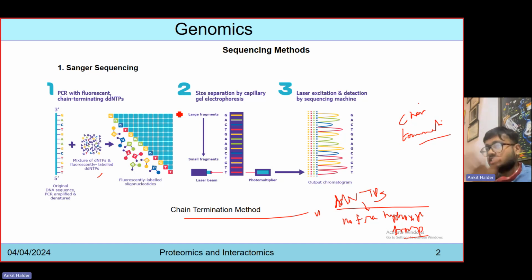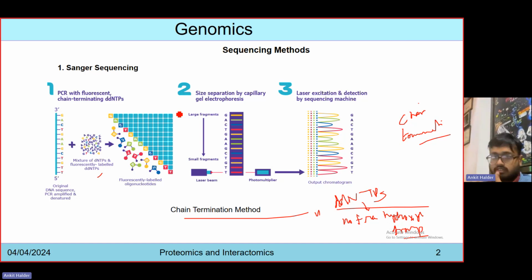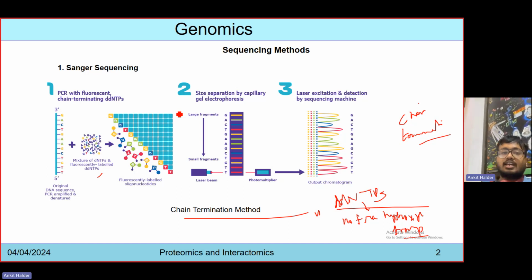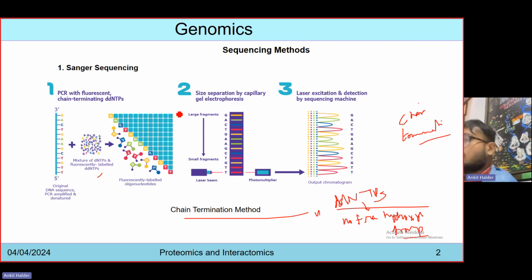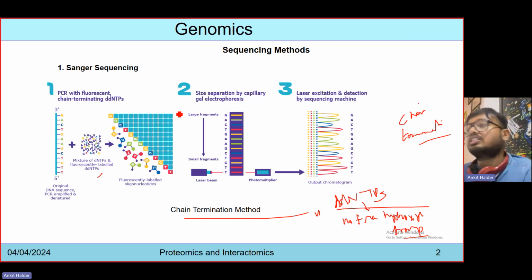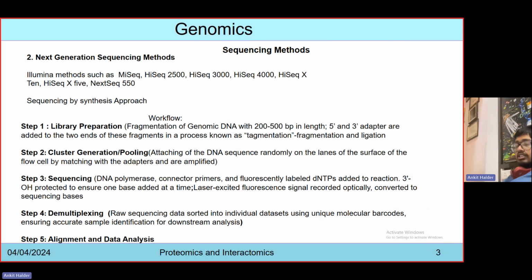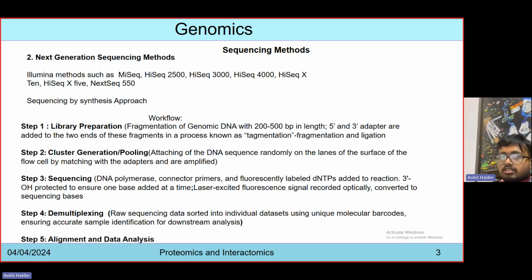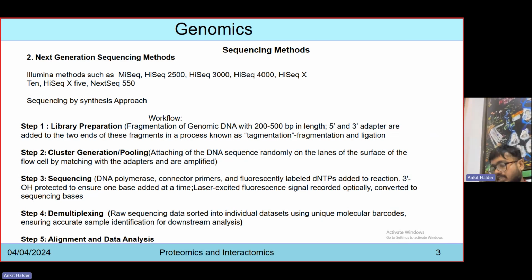It gets terminated at the sequence where that particular base is. The complementary sequence gets added, and with the mixture of dNTPs and ddNTPs you get small fragments, and then you calculate the sequence. So that was Sanger sequencing with ddNTPs and the chain termination method.